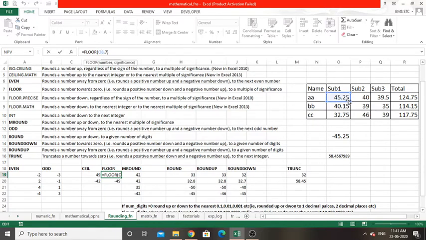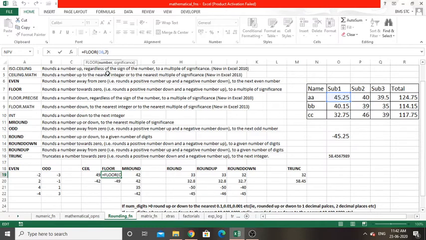45.25 is not a multiple of 7. Since the function we used is floor, it will round it down, so it will consider 44 as the next number. It will check whether 44 is a multiple of 7. It's not, so it will consider the next lesser number, which is 43. Is 43 less than 45.25?